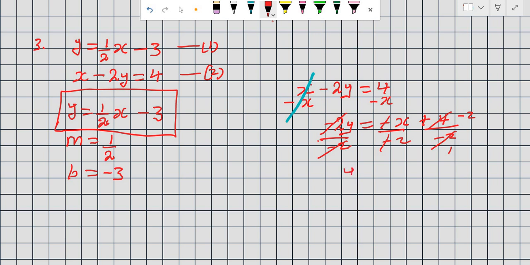Therefore, y is equal to 1/2 x minus 2. So now we also have the second equation in the slope-intercept form, where the slope m is equal to 1/2, and the y-intercept b is equal to negative 2. So now let's go on with the graphing.